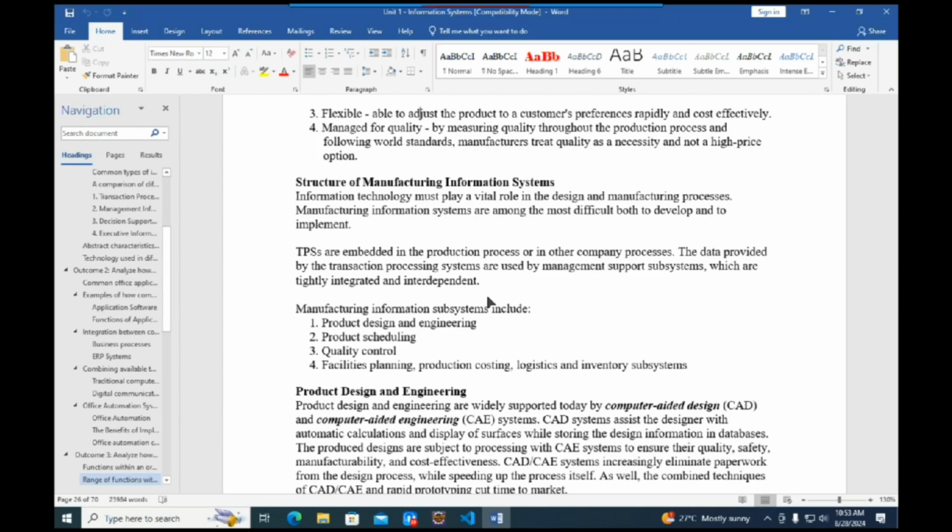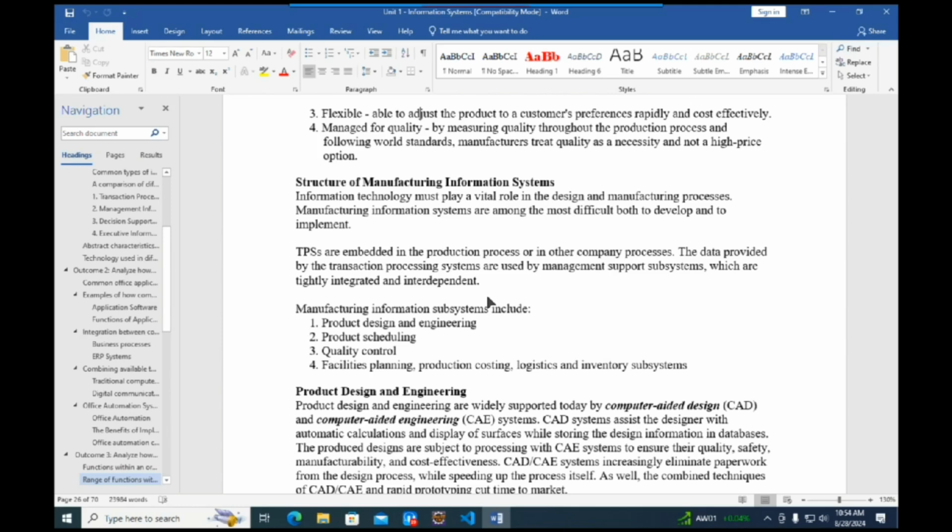But we normally embed transaction processing systems in the production process and in other company processes. The data provided by the transaction processes is used by the management support subsystems that work together with the transaction processing systems.